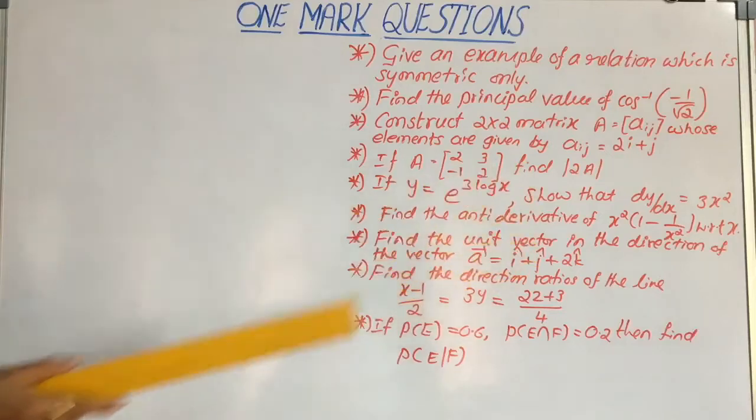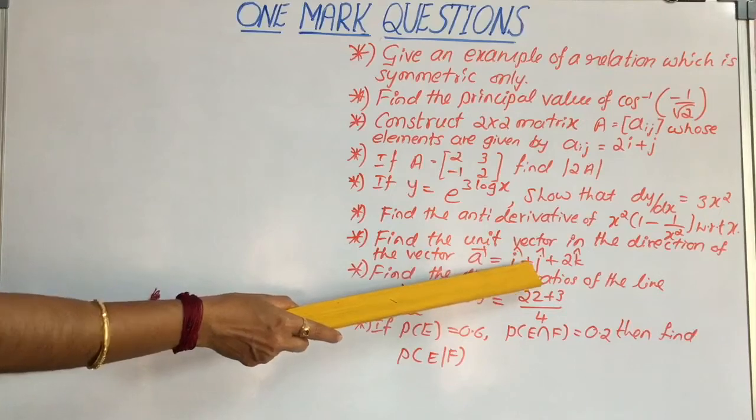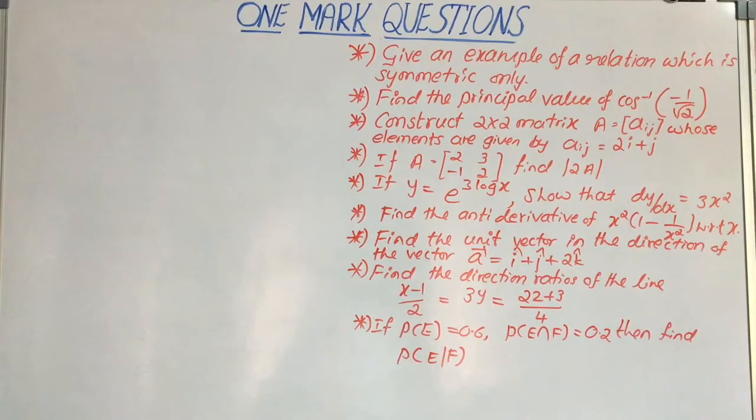Find the unit vector in the direction of vector A equal to i cap plus j cap plus 2k cap.